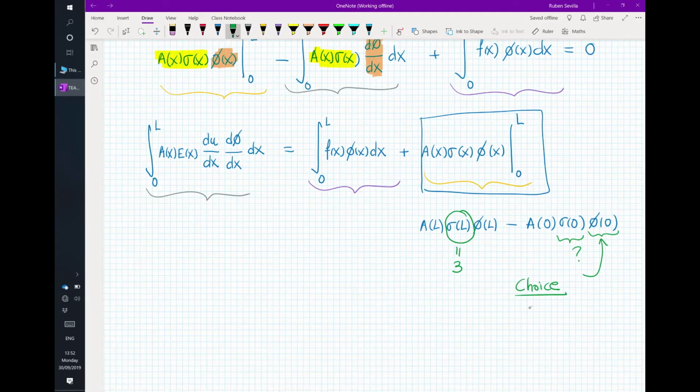Okay? I'm going to choose my phi to be 0 here. So I'm going to remove this guy here and say, because I don't know the stress on the left, let me handle the known displacement later on. Because in this equation, it's not trivial how do I use the information of known displacement? Because I don't have the displacement appearing here. Okay? So I'll handle it later. But remember, I haven't used it.